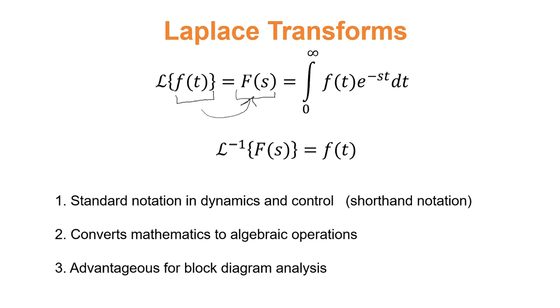I just want to emphasize that Laplace transforms are a standard notation in dynamics and control. They will make our life a lot easier in that they're a lot shorter to write out than all these formulas. They're going to convert some sort of differential equation into an algebraic equation, which can be manipulated much more easily and is a very robust technique. This is also very advantageous for block diagram analysis.